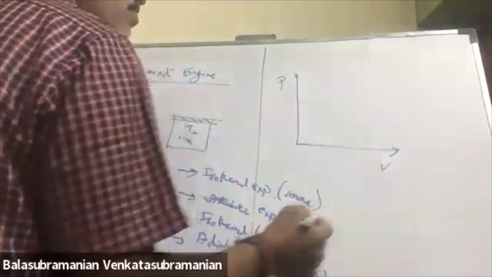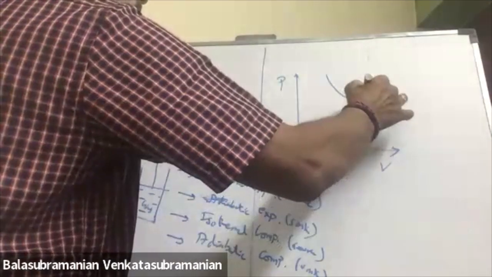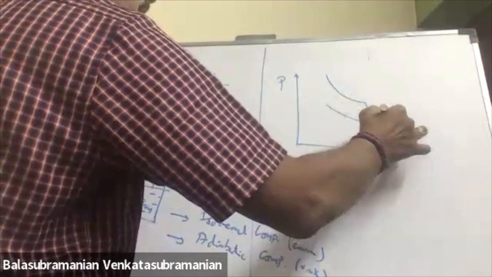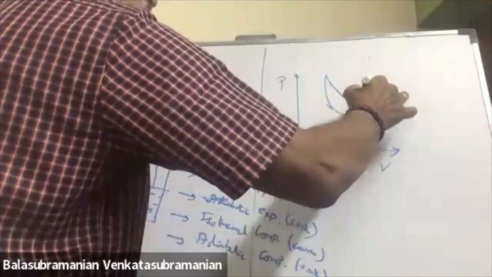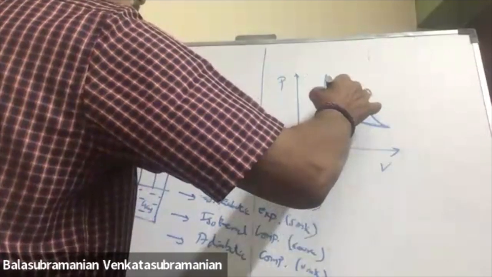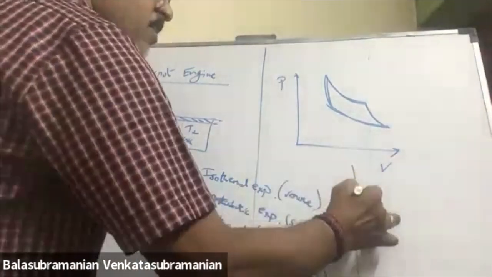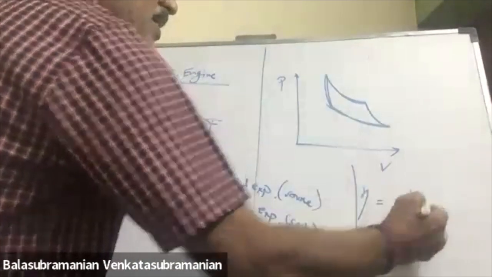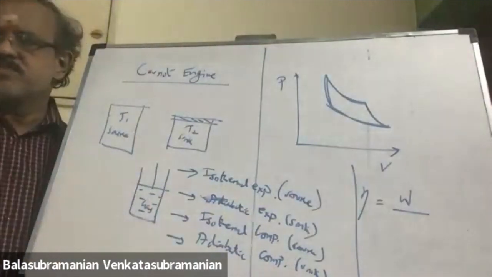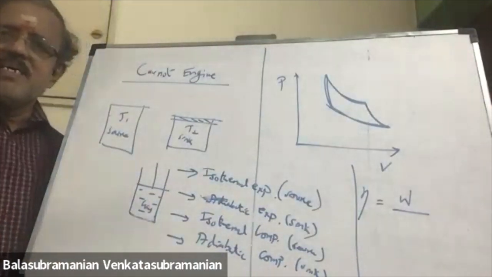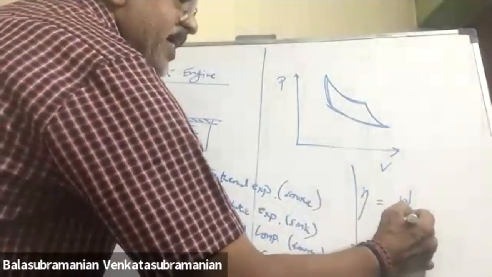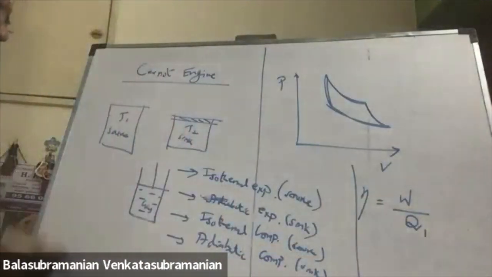Pressure, volume. The nature of the graph will be like this. First stage, second, third, fourth. So the efficiency of the Carnot engine is the work done by the system divided by the heat energy taken from the source.